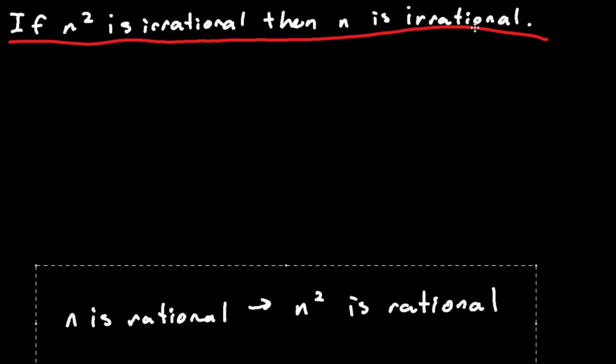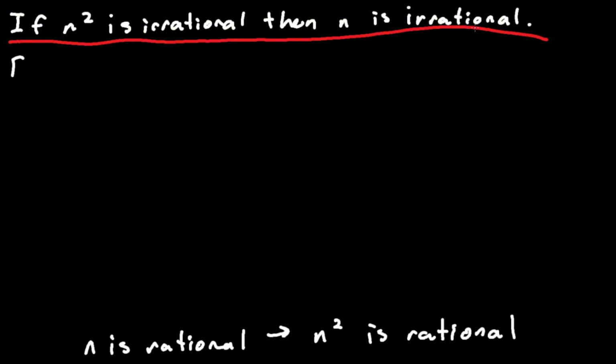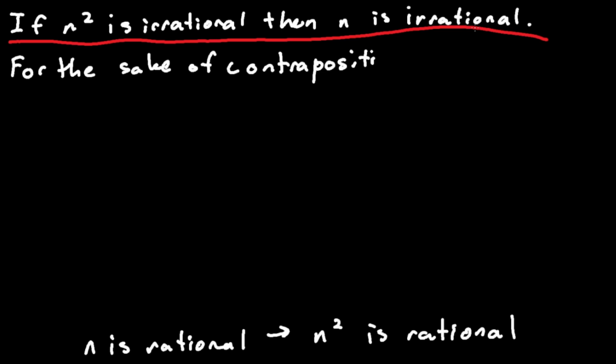So we can write this down at the bottom. Let's write down, for the sake of contrapositive. Just saying, I don't think anyone's actually going to word it like that. I think most people are going to say for the sake of contradiction when they're doing a proof by contradiction. I just say for the sake of contrapositive. Your grammar doesn't really matter as long as you get your point across in an introductory proof course.